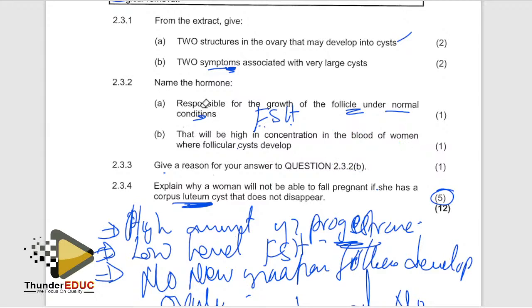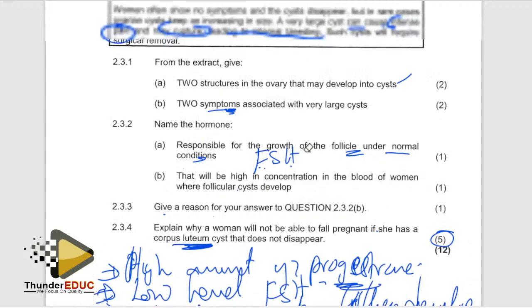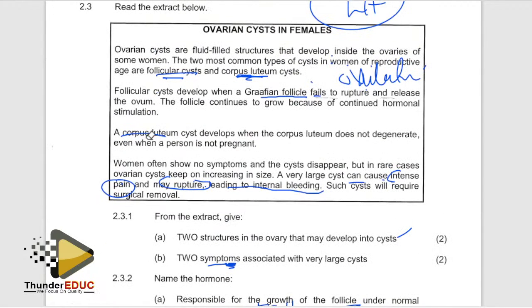Now you come back here and find out, when does the follicular cyst develop? They're saying that the follicular cyst develops when the Graafian follicle fails to rupture. When does the Graafian follicle fail to rupture?